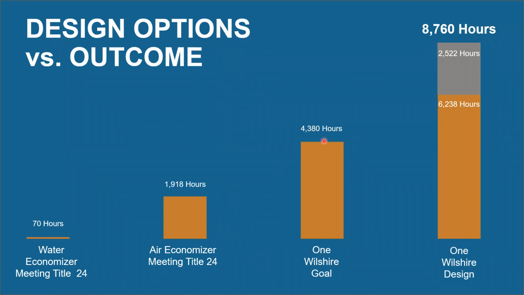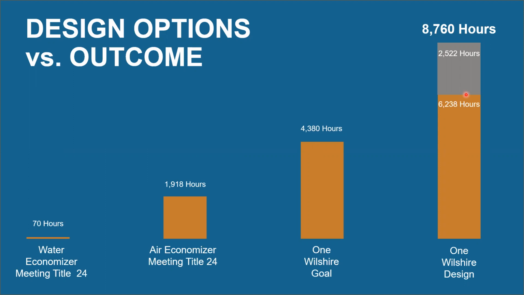But our actual performance after we were done designing the equipment is we stay on economizer only, no compressors, 6,238 hours a year, almost 3/4 of the year.